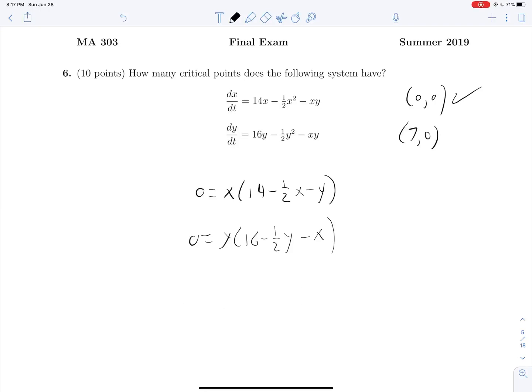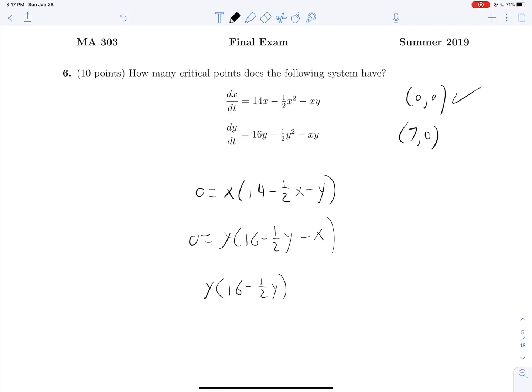Now we can do the same thing for x. What if x is equal to 0? Well, this whole equation will be 0, and we'll be able to solve this guy a little bit more easily. So if x is equal to 0, we have y times 16 minus 1/2 y, and this has solutions. Oh wait, I didn't do that right, did I?